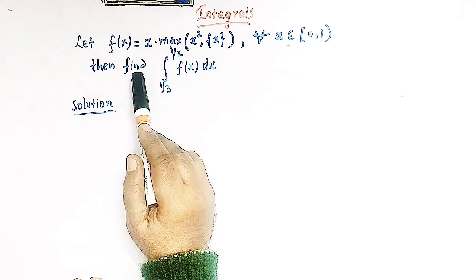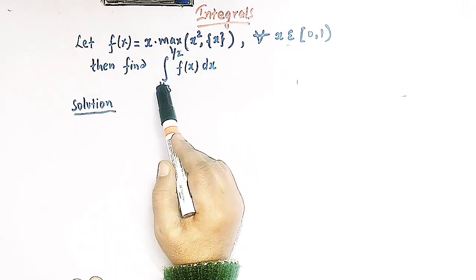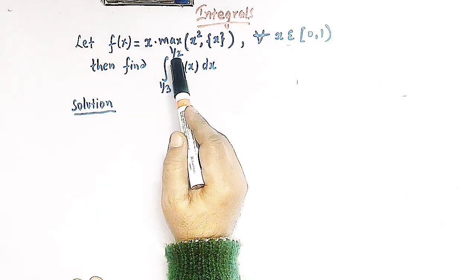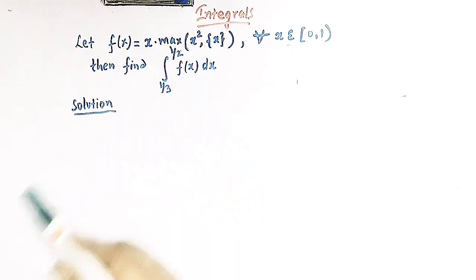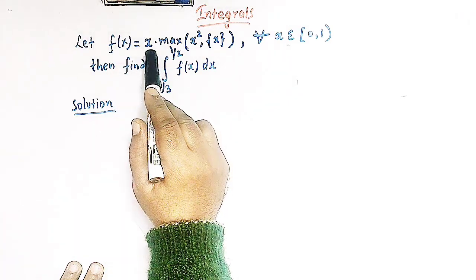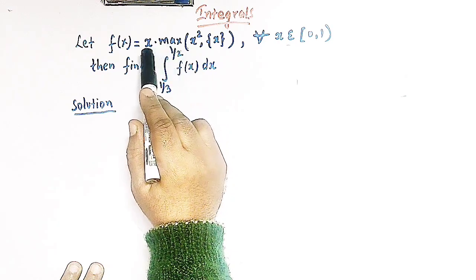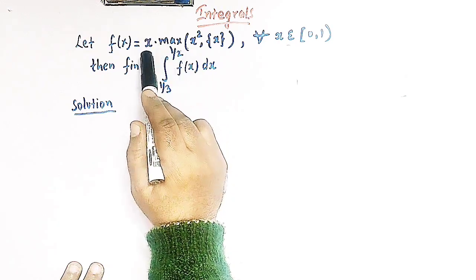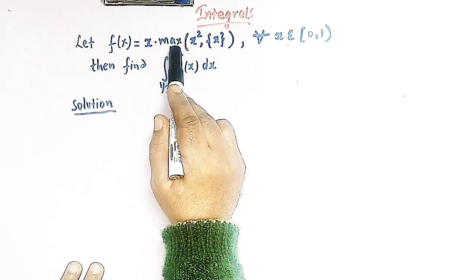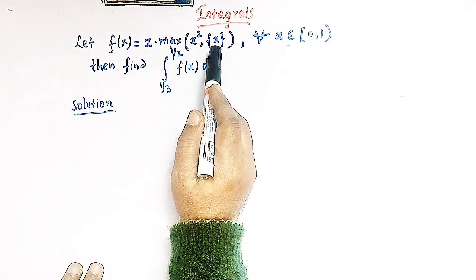And we have to find out the value of this integral from 1/3 to 1/2 of f(x) dx. So here the function f of x is given as the product of these two expressions, that is x, which is a polynomial function, and here we have maximum of x square comma fractional part of x.